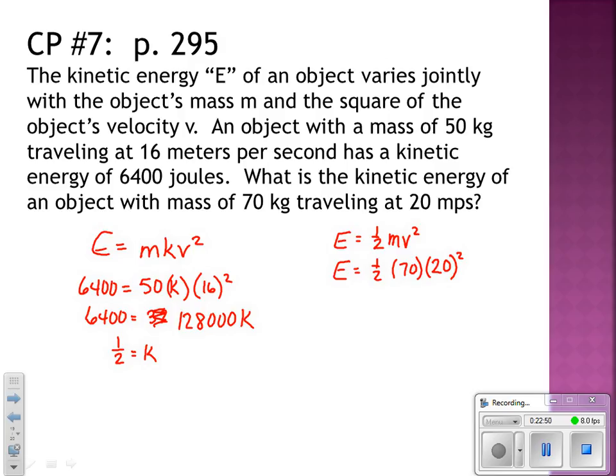And that looks to be 14,000. So our energy for that is 14,000 joules.